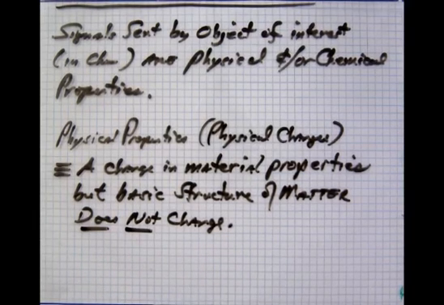If I took a piece of chalk that I was writing with and broke it into two parts, I would change the physical property of length. But the chemical nature of the chalk doesn't change.